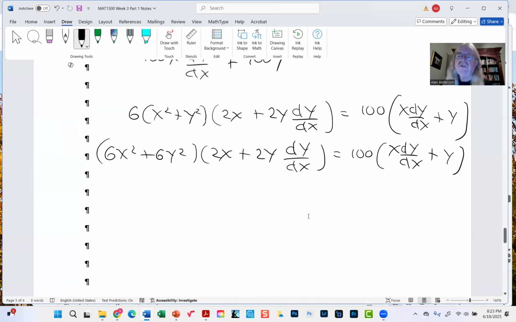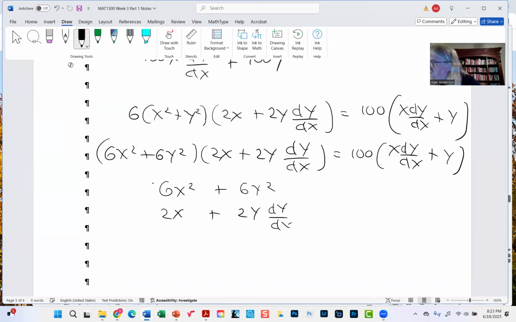And so ultimately what we're trying to do is get all the dy dx terms together on one side of the equation. All right, so for these two, multiply these out.